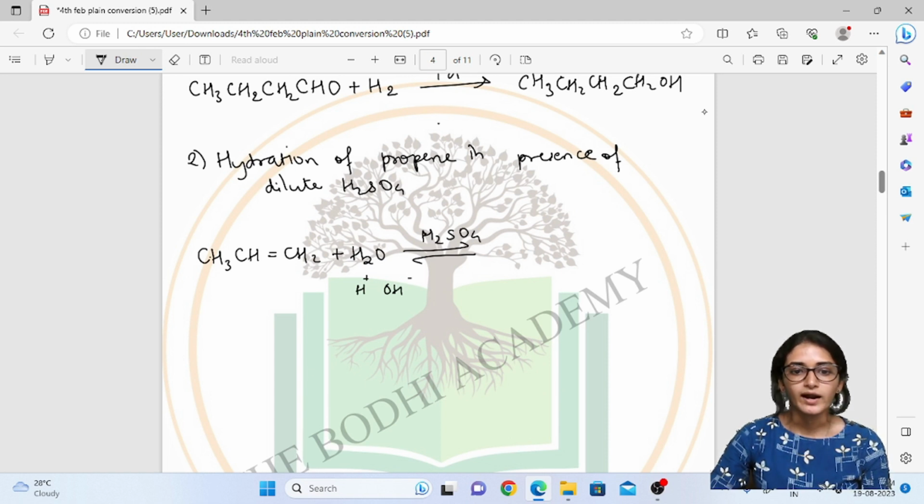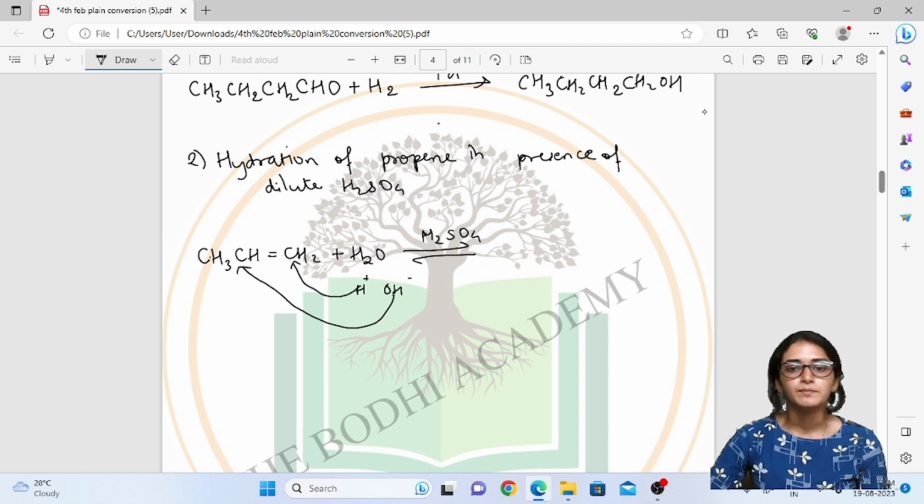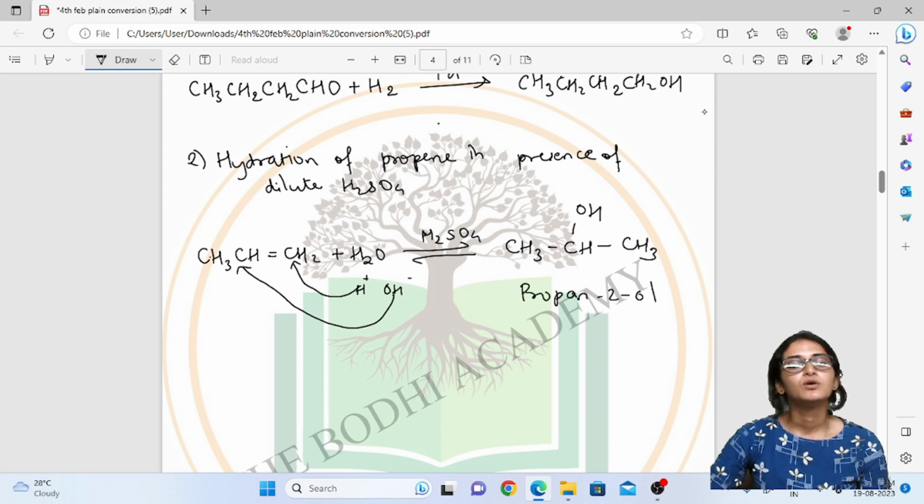So the negative part will attach to the carbon having less hydrogen, and the positive part will attach to the carbon having more hydrogen, and the double bond will break. So what product will we get? We will get CH3, CHOH and CH3, as one hydrogen is added. The product name will be propan-2-ol.